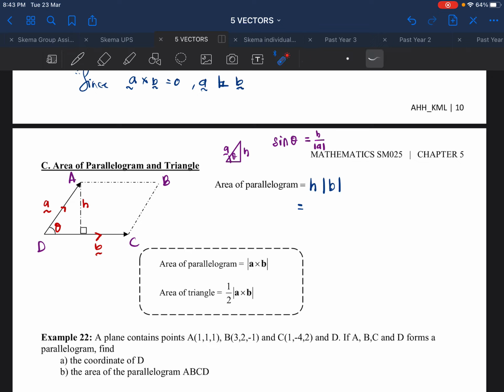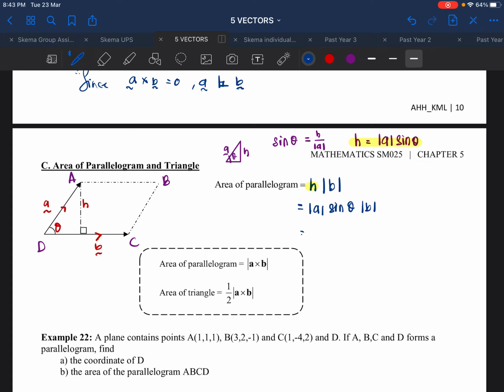So, H di sini, kita boleh gunakan H yang di sini. So, kita ada H is equals to magnitude of A sin theta. Kita gantikan, kita ada magnitude of A sin theta darab dengan magnitude of B.